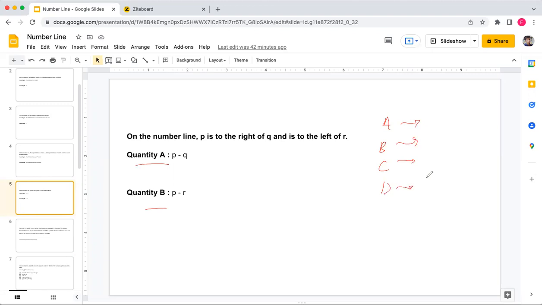We are not sure whether quantity A is greater or quantity B is greater. This is the set of options for the quantity comparison question. Okay, so what is the answer for this? D. Okay, anyone else?